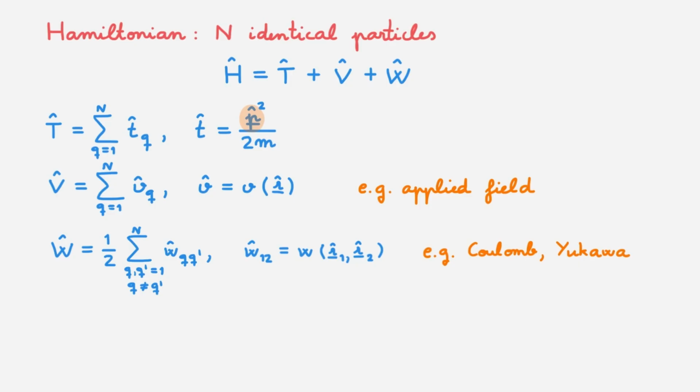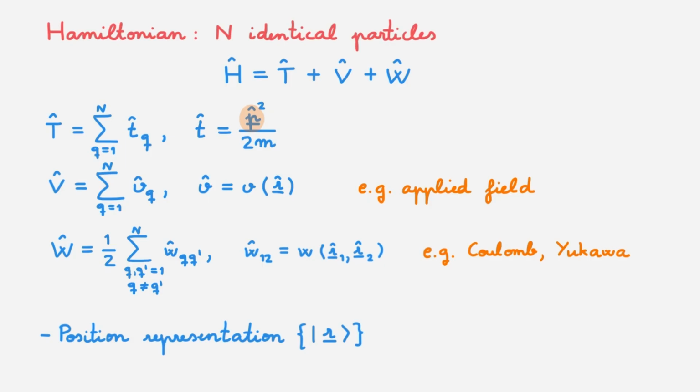We have a companion video linked in the description in which we write this Hamiltonian in second quantized form. In that video, we use an arbitrary basis U and just explore the general features of the second quantized form of the Hamiltonian. In this video, we'll do something similar, but instead of working with an arbitrary basis, we'll work with a very specific basis, the so-called position representation spanned by the position eigenstates.